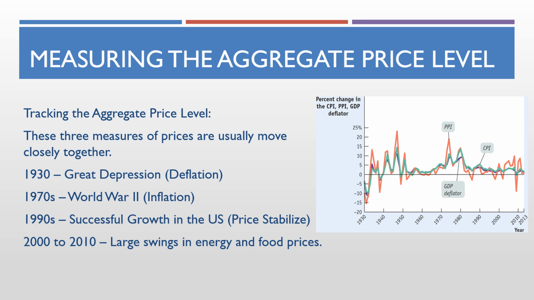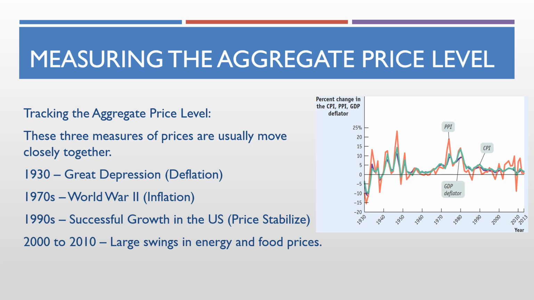In a particular year, like in 1930, you can see deflation happened because the Great Depression happened, and then in World War II, you see the inflation, and then in the 1990s, we have price stability over time, right? In that period, because we have a very specific set of regulations implemented to stabilize prices.